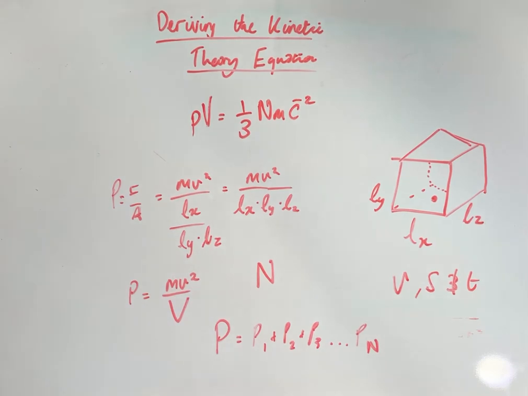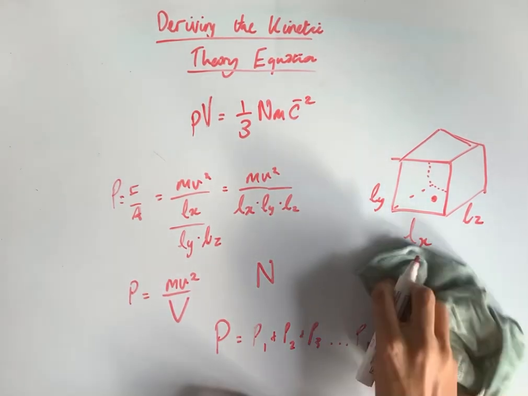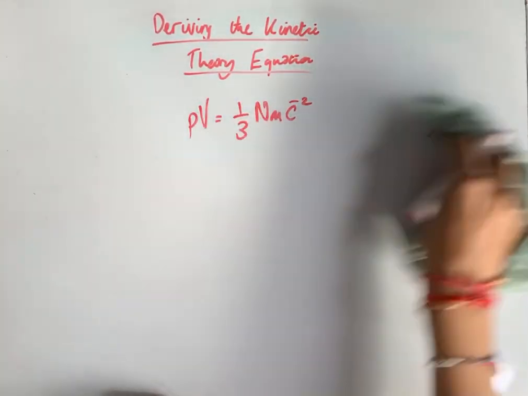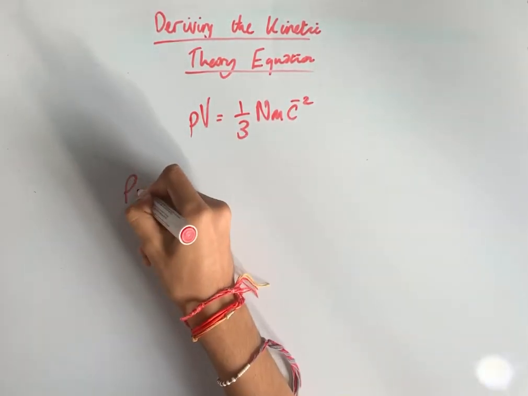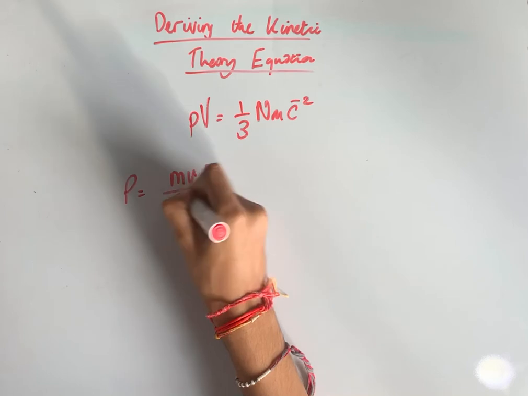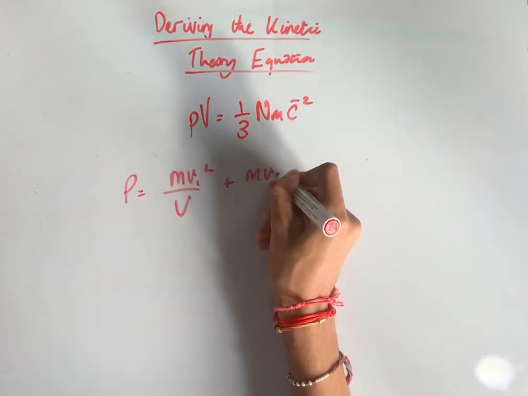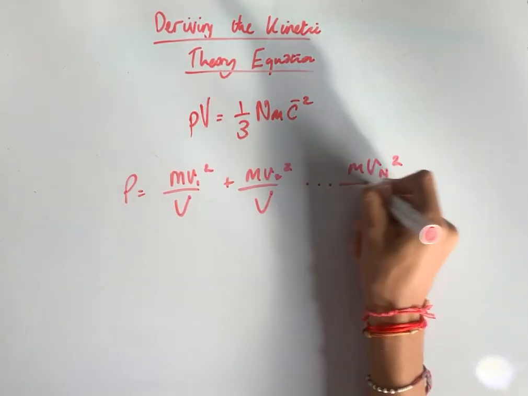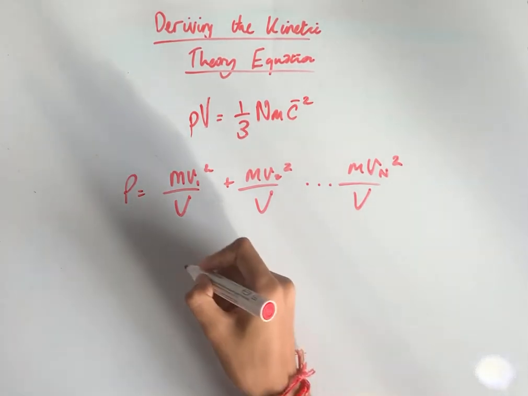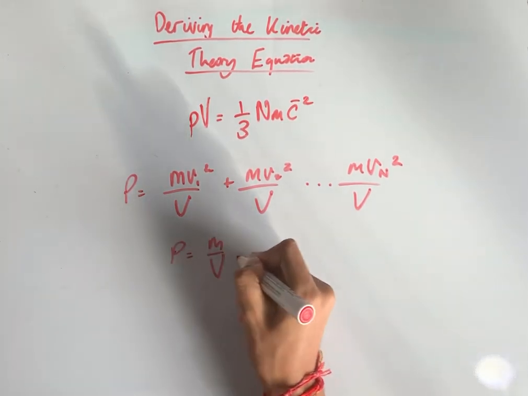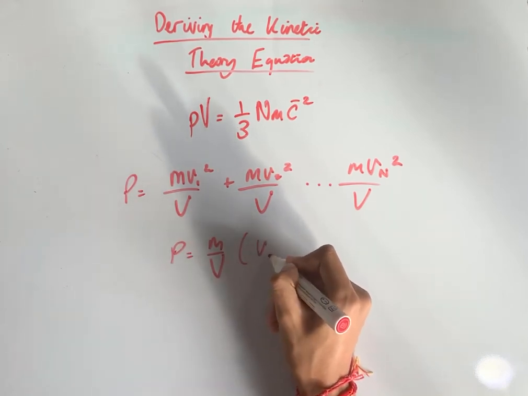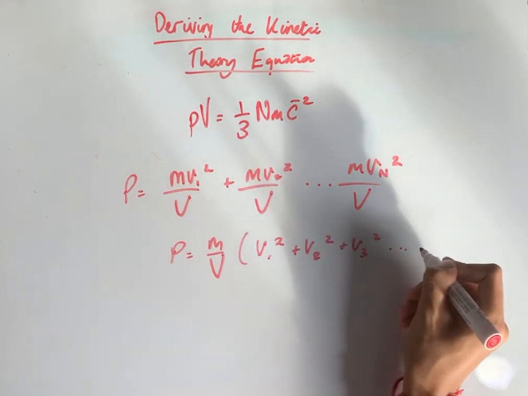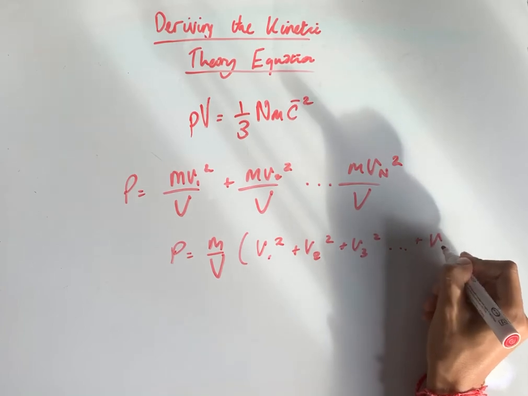The nth molecule. It would therefore stand to reason that, let me make a bunch of space, P is equal to mv1 squared over V plus mv2 squared over V, and so on up to mvn squared over V. Factoring out m over V, we would find that P equals m over V, big V for volume, times v1 squared plus v2 squared plus v3 squared, and so on up to vn squared.